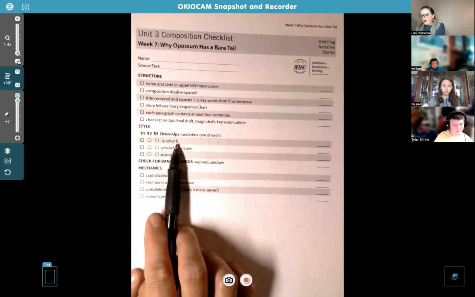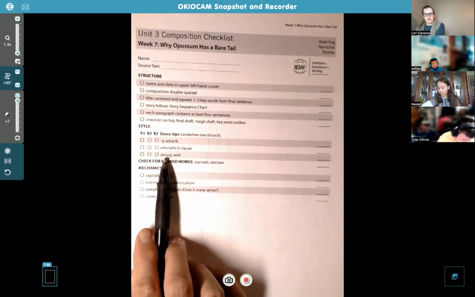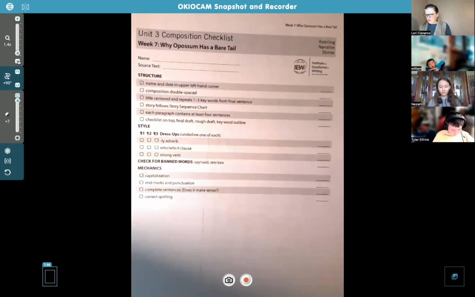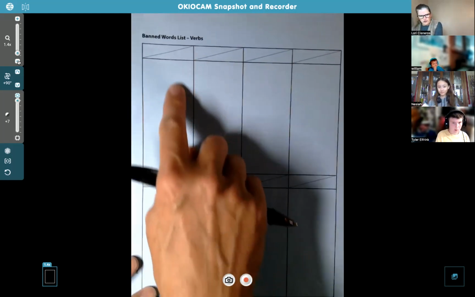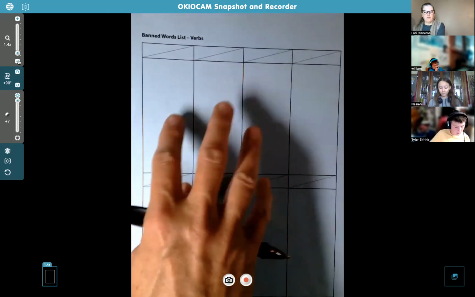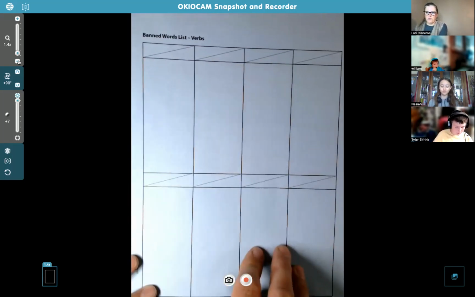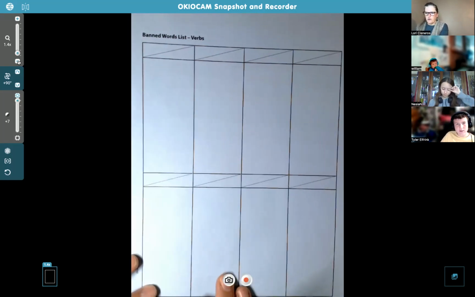You have ly adverb, who-which clause, and now you have a strong verb. I forgot to tell you, on this list, I erased mine. These words that you put here to use in place of say, said, or see, saw, those are considered strong verbs. So you can use one of these words and underline it as a strong verb. Does that make sense to you guys?